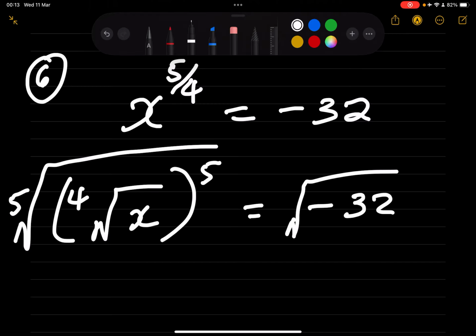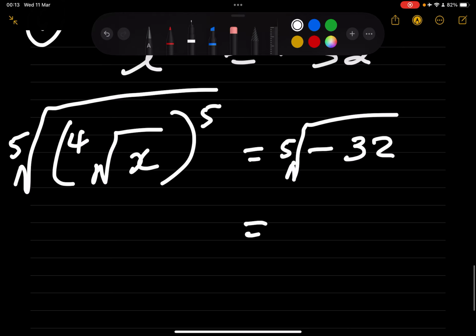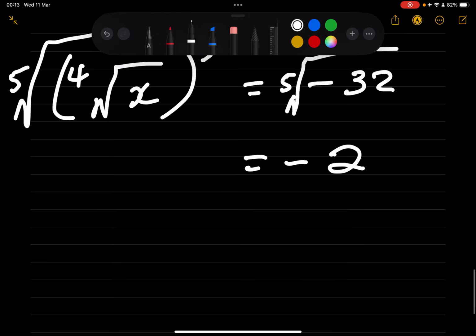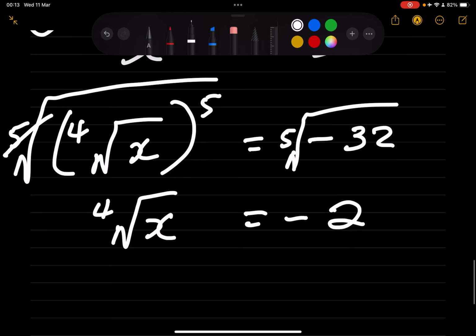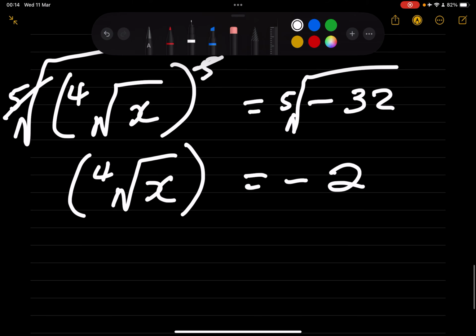Because we are rooting by an odd number, no need for plus minus. The fifth root of negative 32 is negative 2. And this side we're left with the fourth root of x, because the fifth root and the power of 5 cancel. Now we need to put both sides to the power of 4 to cancel the fourth root.